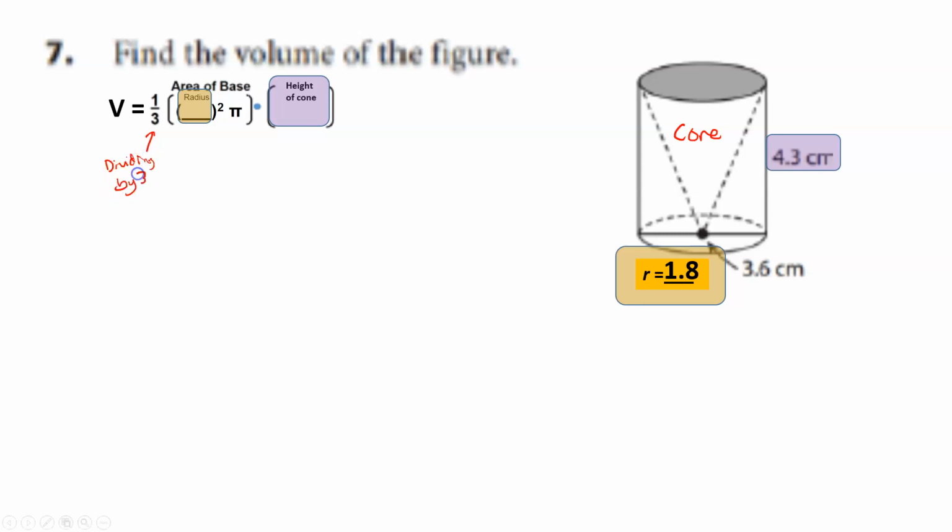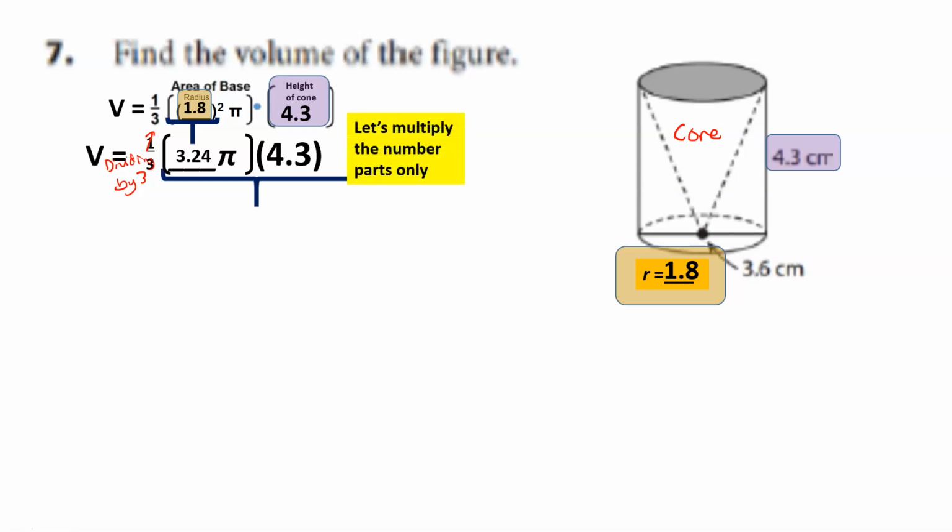Some students ask, do I really have to compute all this out since I already know what that answer is? You don't have to. I'm just doing the same thing over again.